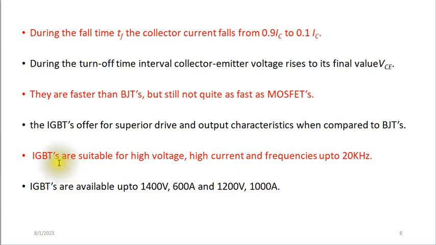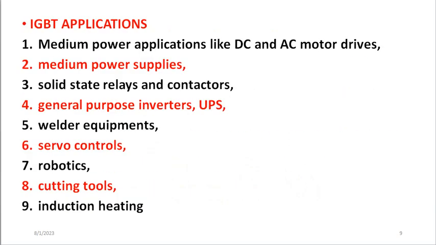And also the IGBTs are very suitable for high voltage and high current applications, and they can operate at a frequency of up to 20 kilohertz. And they are available in 1400 volt 600 amperes or 1200 volt 1000 amperes, depending on the application for which it is going to be used.